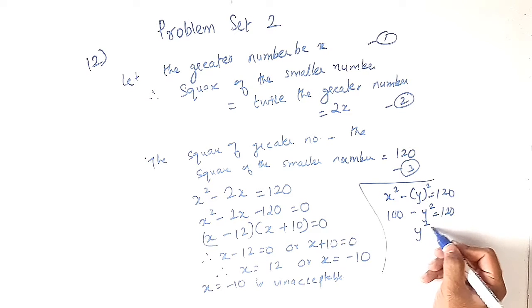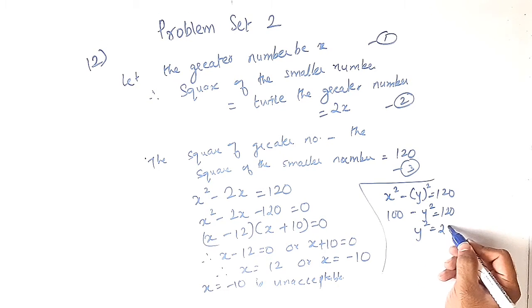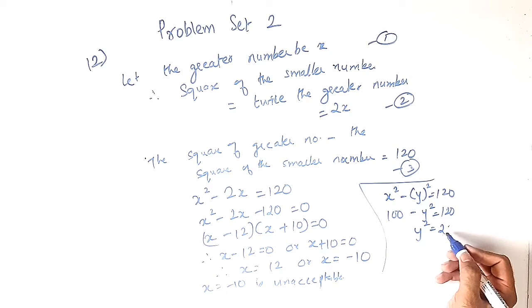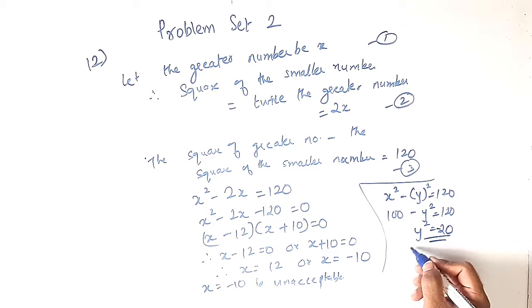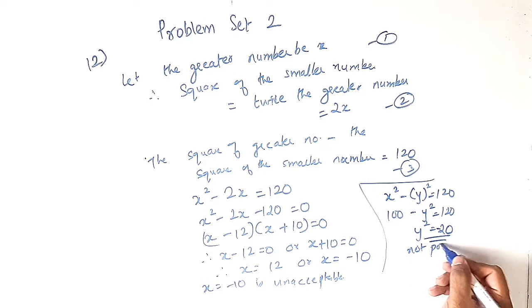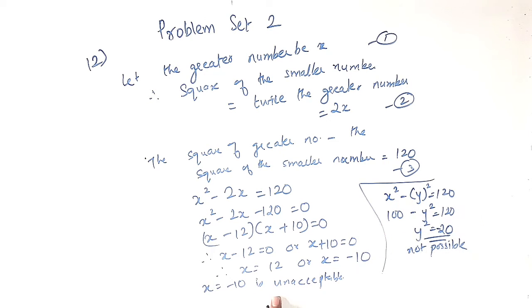So 100 minus y square is equal to 120, so y square is equal to minus 20, not possible. Therefore we cannot take x as minus 10. So what is the possible value of x? The possible value of x is 12.